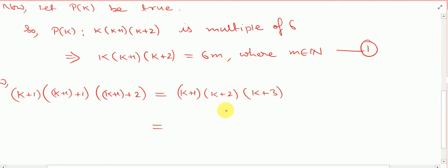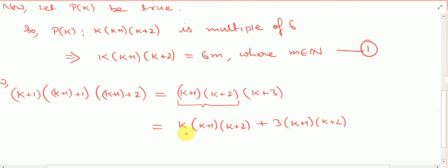Yes, so what we'll do is we will multiply this whole thing with this. Okay, so this whole thing will multiply with k, so you'll get k times k plus 1 and k plus 2, done. Then plus sign, and then this whole thing will multiply with this 3, so you get 3 times k plus 1 into k plus 2. So now you can see this is k into k plus 1 into k plus 2.